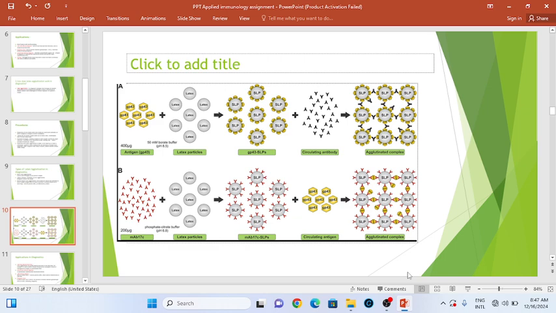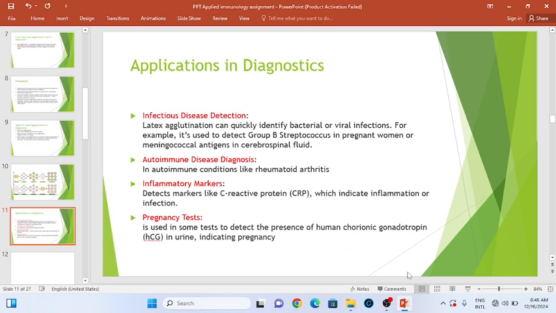We coat the bead with antigen to detect antibody, where we take antibody and add latex particle to form a complex, and add the circulating antibody to form an agglutinated complex.